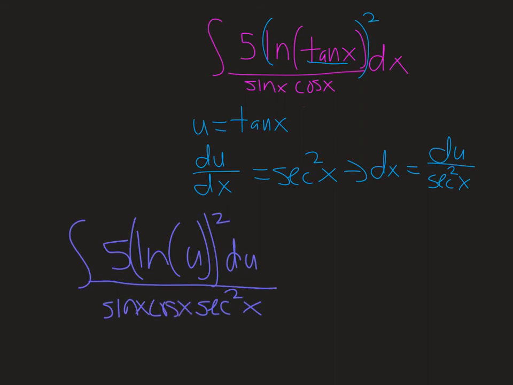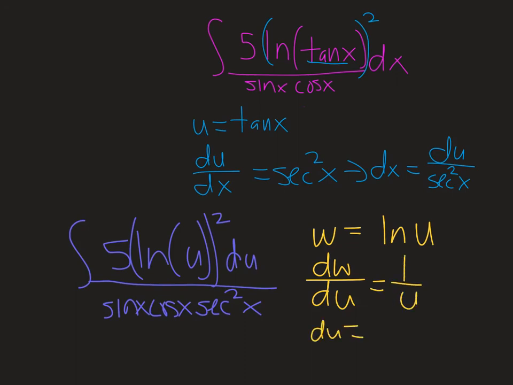So secant and cosine are going to cancel out in some way, but I still have a scary piece. So I'm going to do it again. I'm going to say, okay, well, this is a second substitution, so we'll make it double u. Get it? W is the natural log of u. So dw du is 1 over u, and du is u dw.